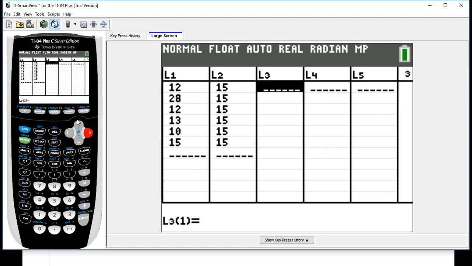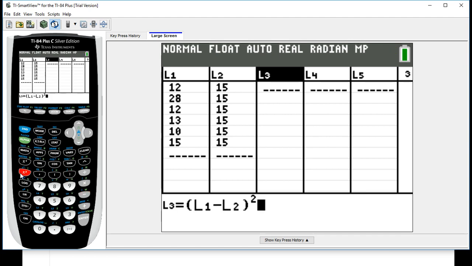Now in my L3, I can make it do the math for me. Hit a parentheses. And the formula is observed, so second number 1, minus expected, so second number 2, squared over the expected, so second number 2. Don't forget the squared.